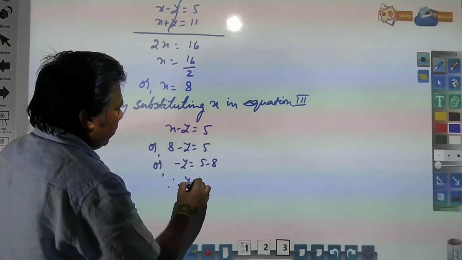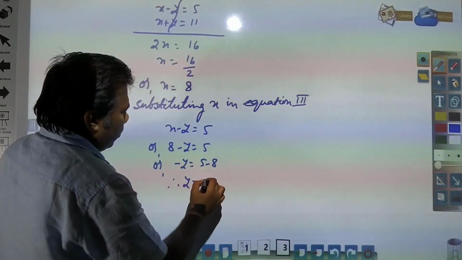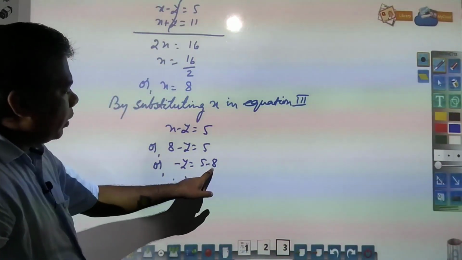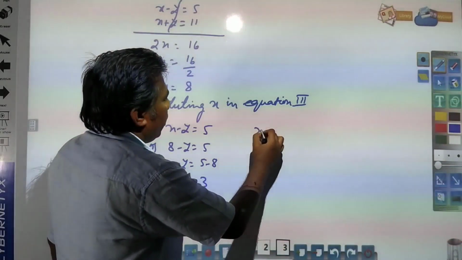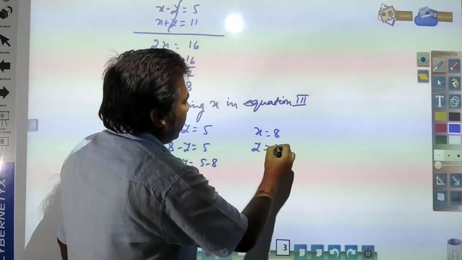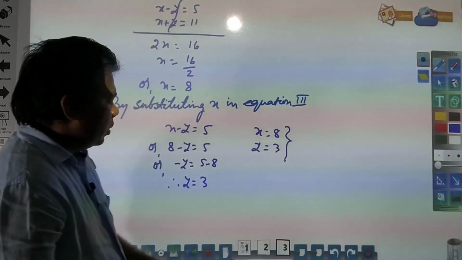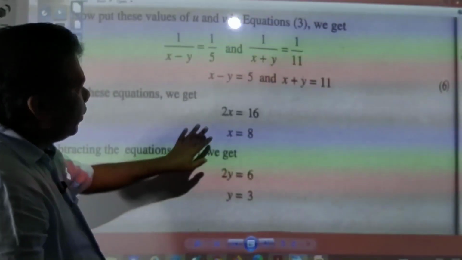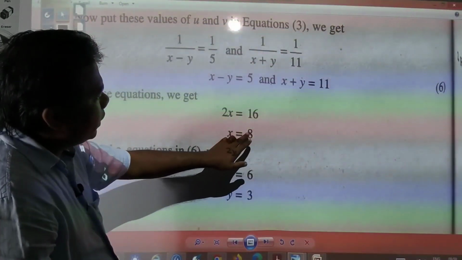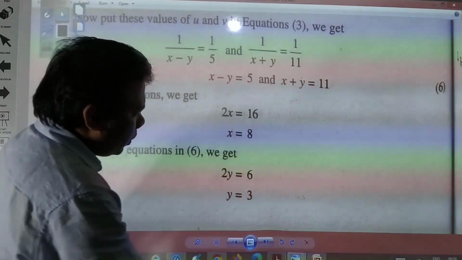Therefore y will be 3, because minus 3 you will get, minus and minus will be cancelled, y will be 3. So x you have got 8 and y you have got 3. So finally we have got, after simplification, x is equal to 8 and y is equal to 3.